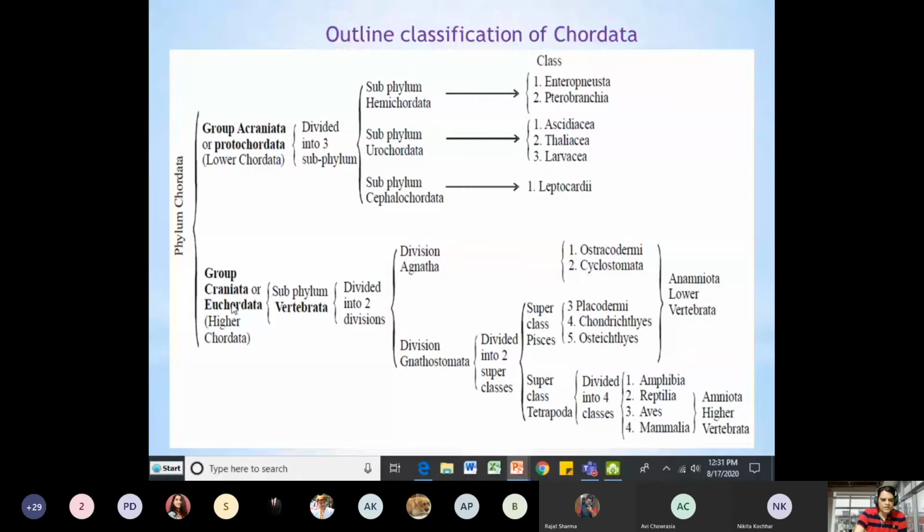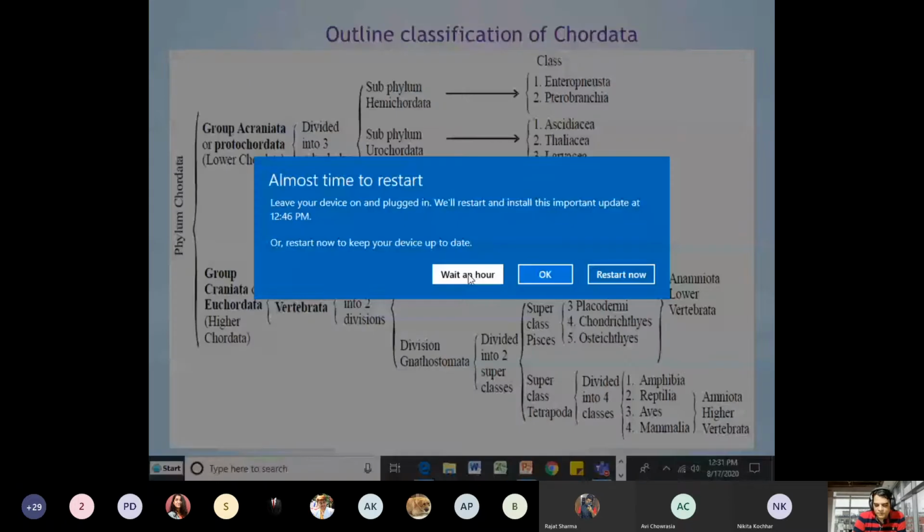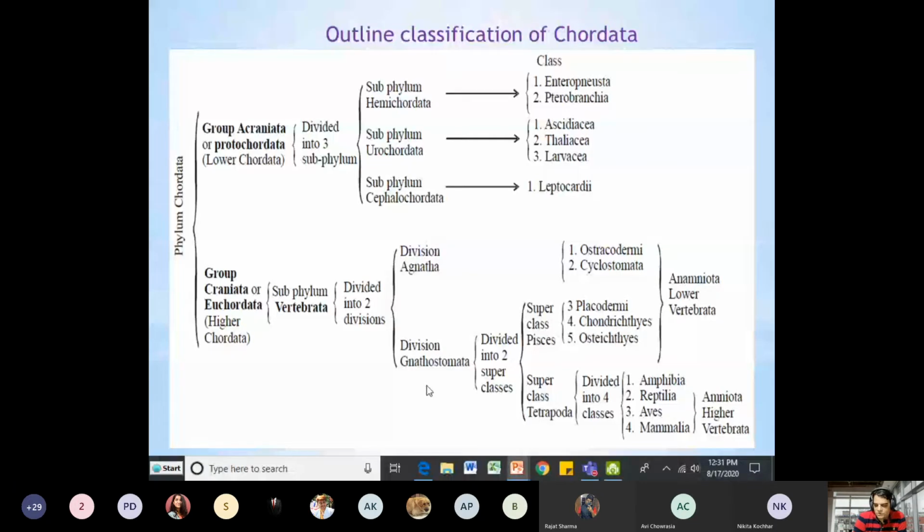Coming to the group Craniata or Euchordata, it has one subphylum, Vertebrata, which is further divided into two divisions, Agnatha and Gnathostomata. The correct pronunciation of this word is Gnathostomata, though some people say it with the G silent. Agnatha has two classes, Ostracodermi and Cyclostomata.